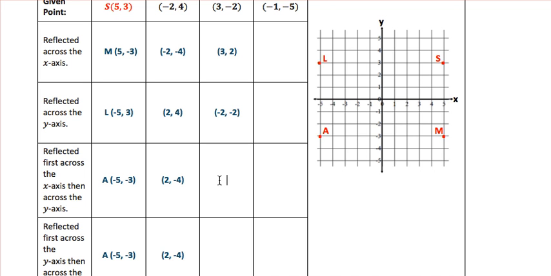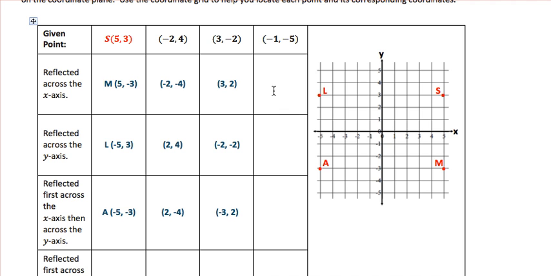Across first the x and then the y would be negative 3, 2, taking the opposite of both. And the same thing would be true for reflecting across the y and then the x.